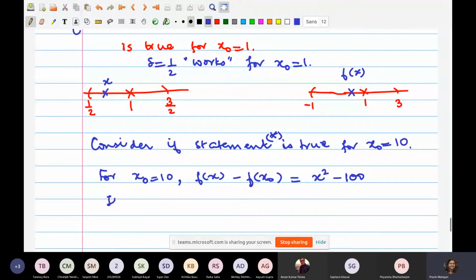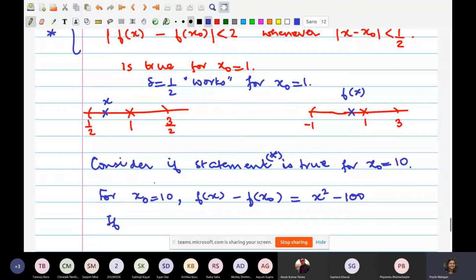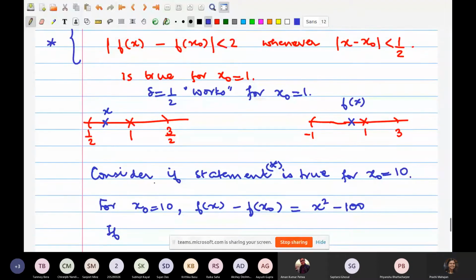Let me take something which is in this neighborhood. Let's see if this works. I'm making a guess here. Let me take x to be 10 1/4. So x minus x0, which is 10, is certainly less than half.